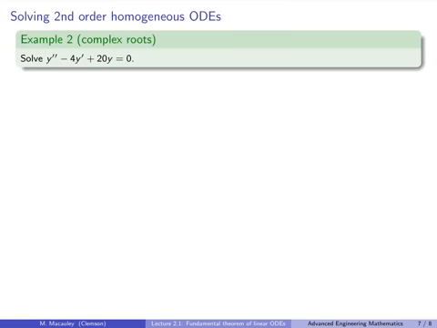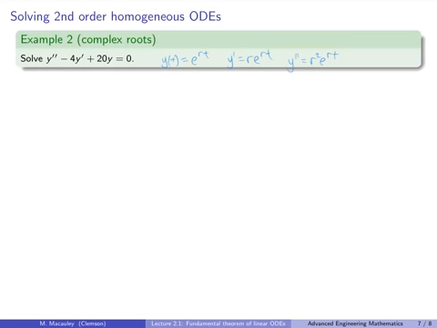Here's our second example. Solve y double prime minus 4y prime plus 20y equals 0. So as before, I'm going to assume that y of t equals e to the rt. So now y prime equals r e to the rt, and y double prime equals r squared e to the rt. We plug these back into here, term by term.